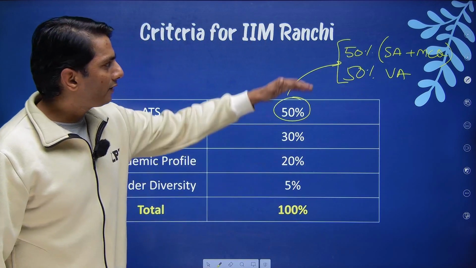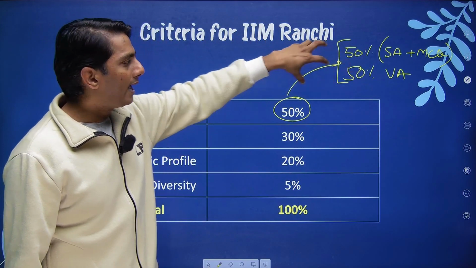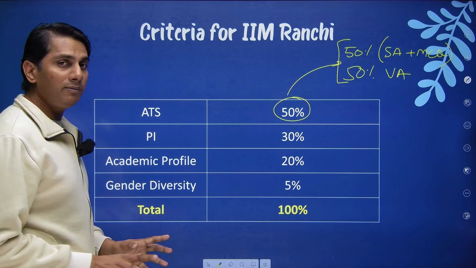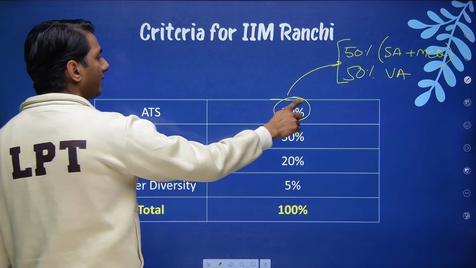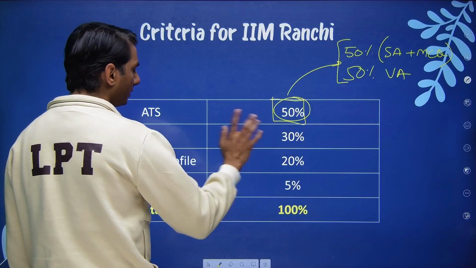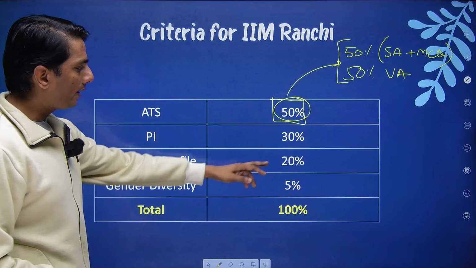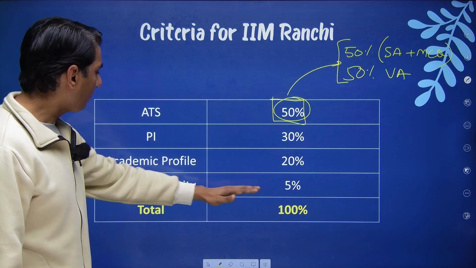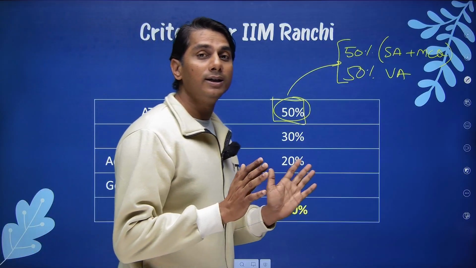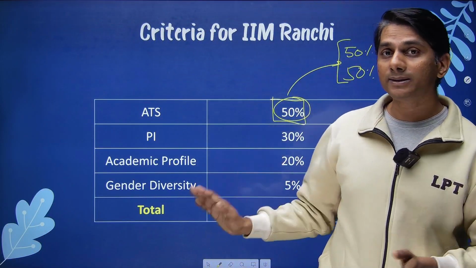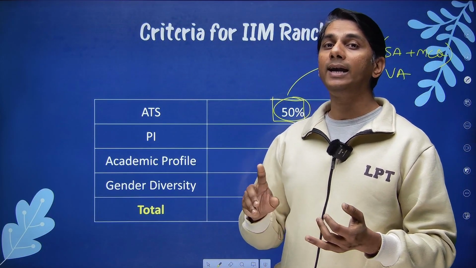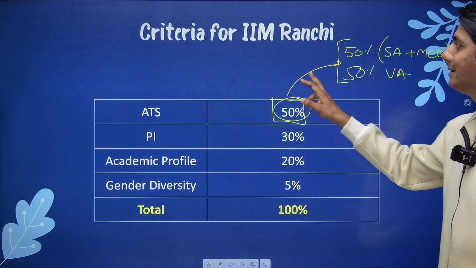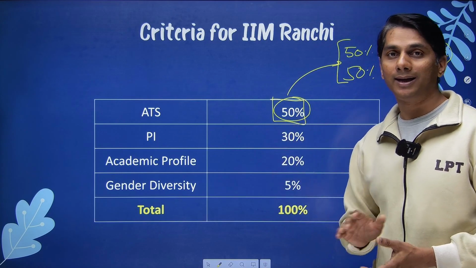For the final merit list, 50% weightage is given to the ATS score, 30% to the PI, 20% to your academic profile, which is your 10th-12th marks, and 5% for gender diversity. Now 5% is given only for females and transgenders. So this is the final selection criteria for IIM Ranchi.